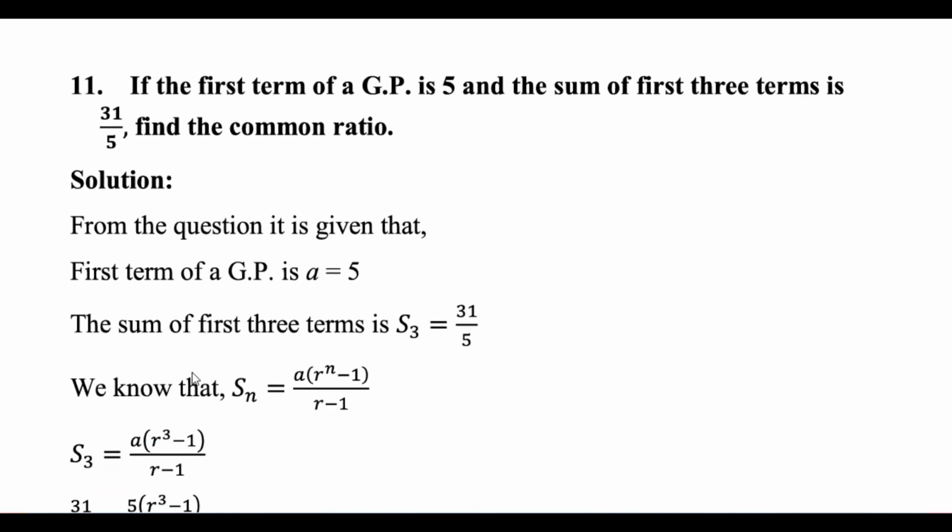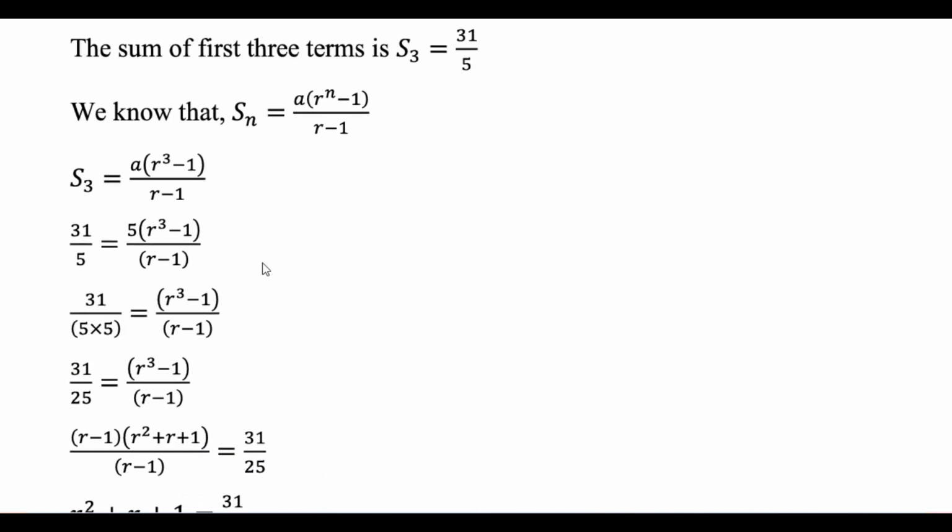Come to the next problem: if the first term of a GP is 5 and the sum of the first three terms is 31 by 5, find the common ratio. So a is equal to 5 as it is given, S3 is equal to 31 by 5. Use the summation formula.